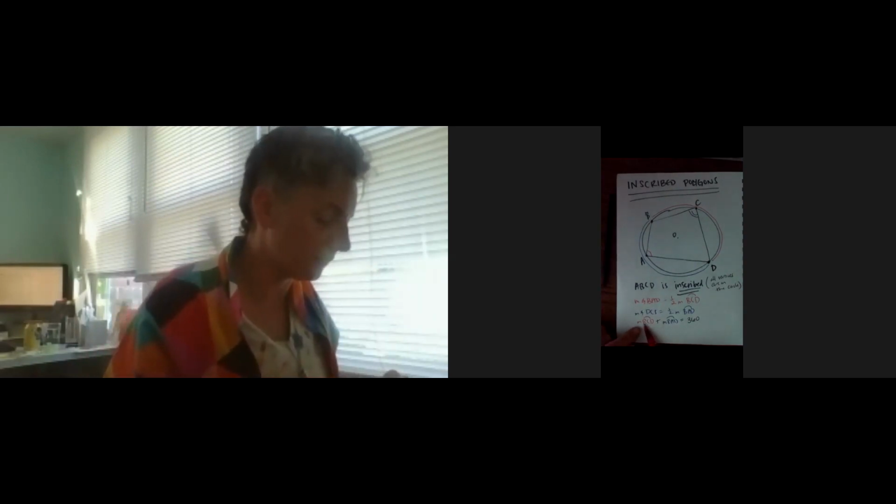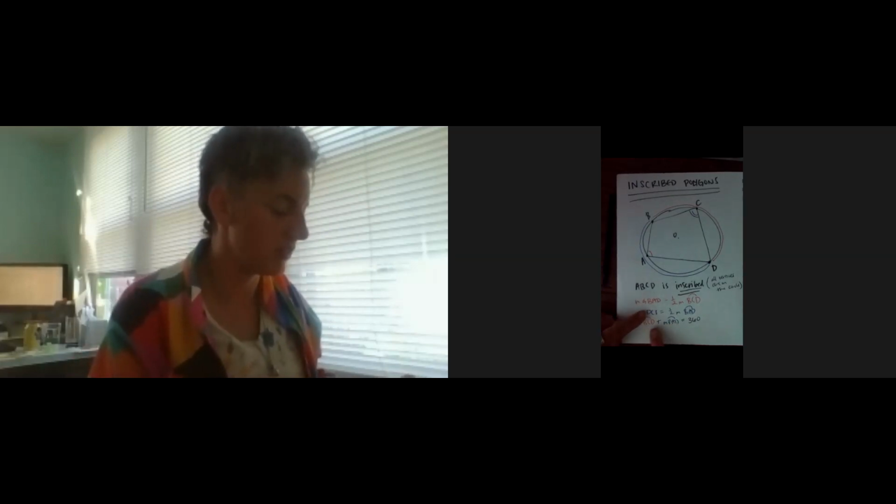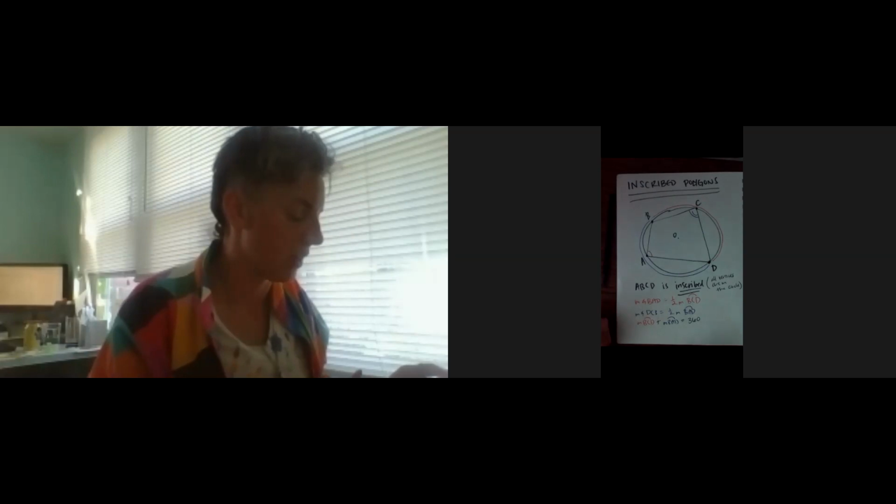All right, so that means if we take the measure, oh, I did those backwards. That should have been in blue, that should have been in red. It's all right, you guys are smart, you'll figure it out. So I'm saying all this backwards.